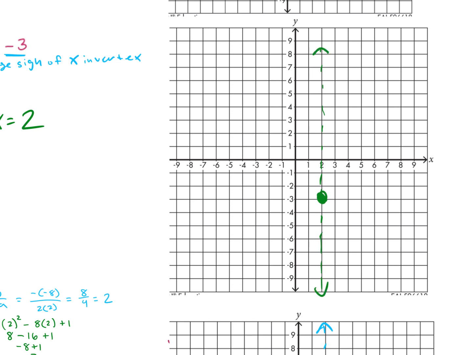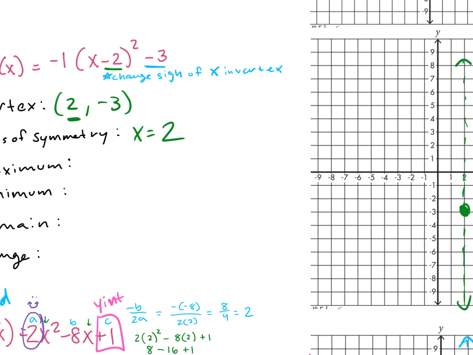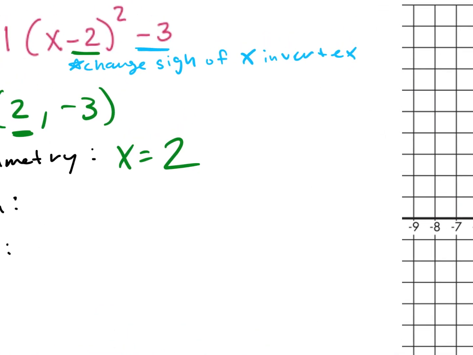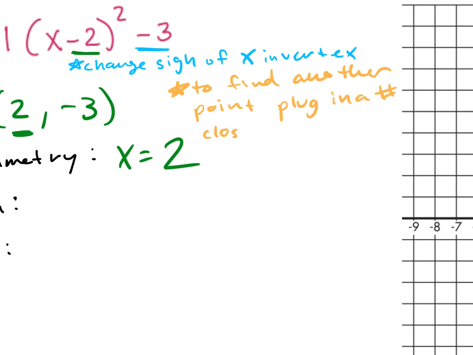Now, how do I find another point on my graph here? This isn't standard form, so I can't just use the y-intercept. What do I need to do? I want to plug in an x value that's close to the axis of symmetry. So to find another point, plug in a number close to the axis of symmetry.